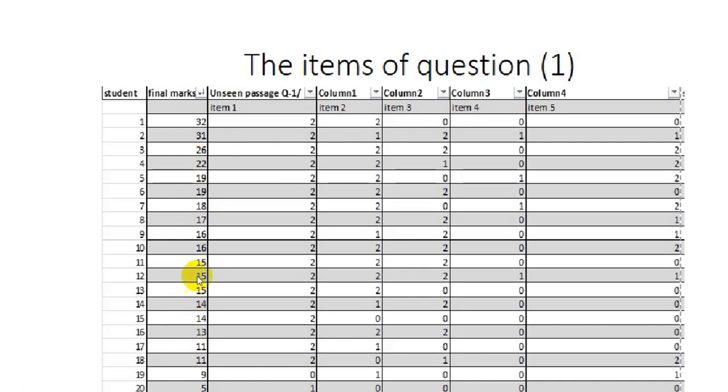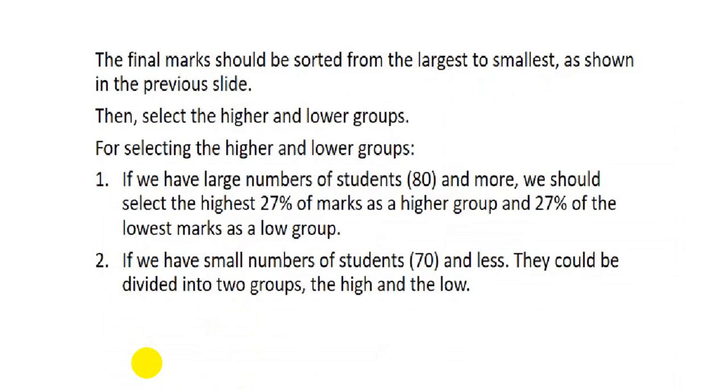First step, sorting the scores from the largest to the smallest. Here we have 20 papers, 20 scores, final scores. Of course, in front of each of them are the scores of the items, and then the final marks should be sorted from the largest to the smallest, as shown in the previous slide.